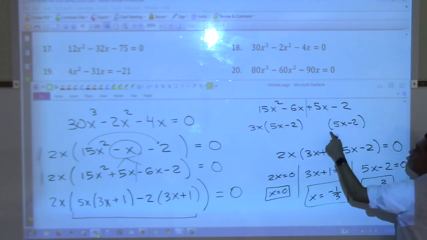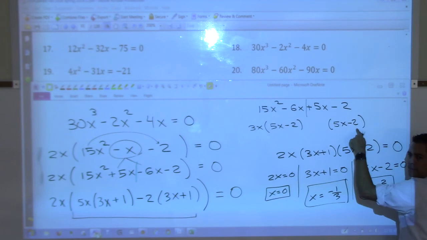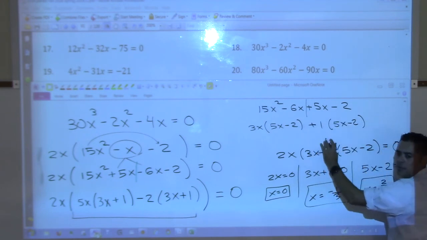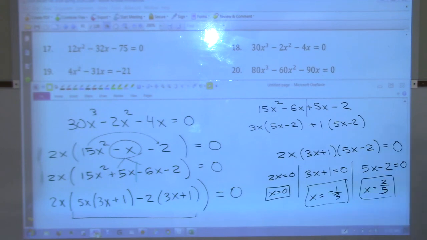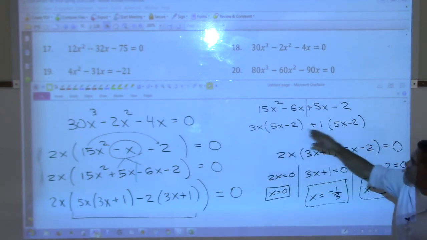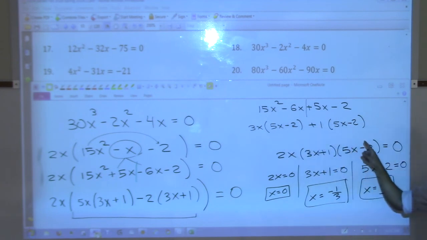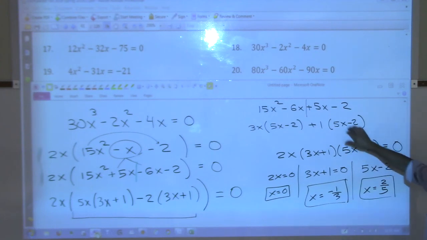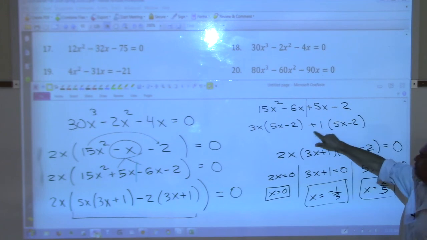And so what do you pull out of this? Well, it's already the same thing, isn't it? So you have to put plus 1 there. Okay, so that's right. So your next line should be 2x, that was out front, then the 5x minus 2, and then the 3x plus 1. And that's the same as this. Anytime this matches exactly to what you want it to be, you still have to have a number here. So you put plus 1.